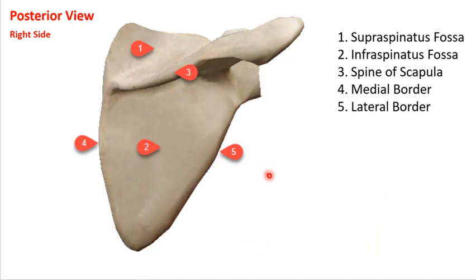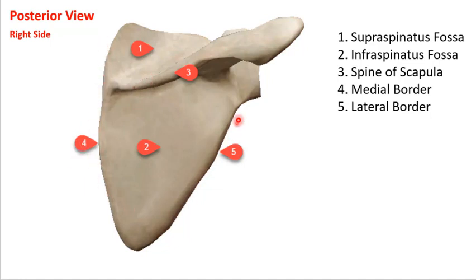So the next 3 slides look at just kind of a map of some of the important anatomy that you should be aware of. So when people refer to the spine of the scapula, they're talking about this right here. This is the medial border. This is the supraspinatus fossa, and this is the infraspinatus fossa, so supra above, infra below, and it's referring to the spine of the scapula.